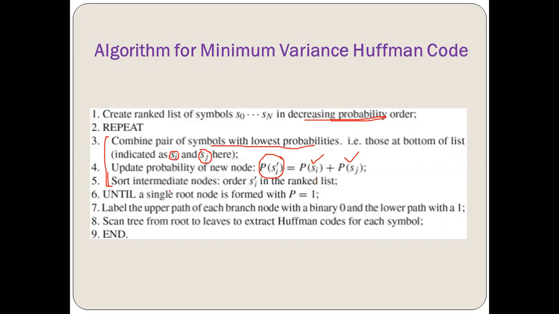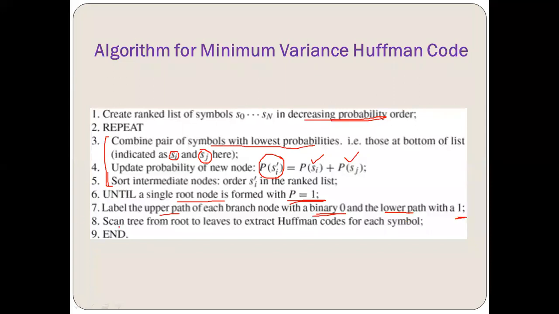Now, we repeat this procedure until a single root node is formed, which is equal to P1. Then we label the upper path of each branch node with a binary 0 and the lower path with 1.